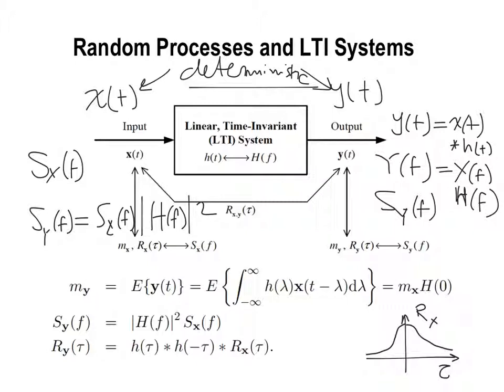Then I can immediately calculate the power spectral density of the output using exactly the same relation. So this relation is true whether x is random or deterministic, but it is only possible to use when x is wide-sense stationary. Because if it is wide-sense stationary, I can calculate a power spectral density for it, and I can calculate an autocorrelation function, which is a function of the shift only.